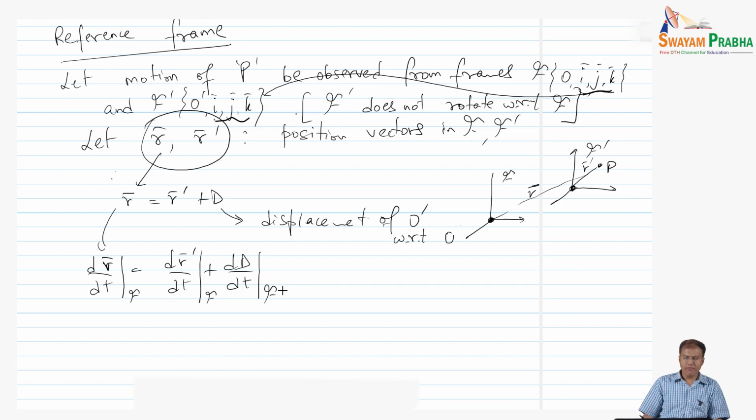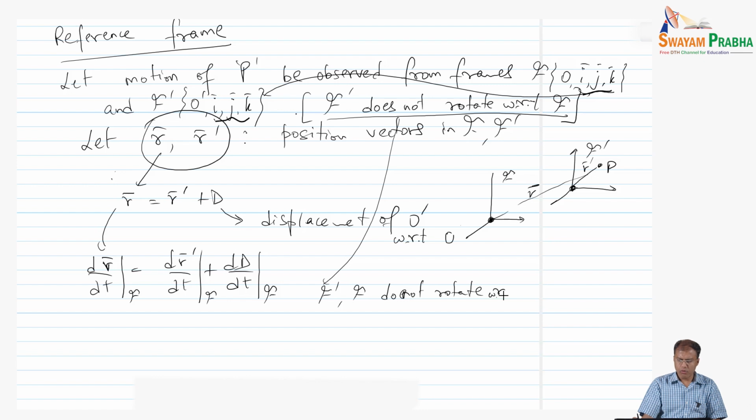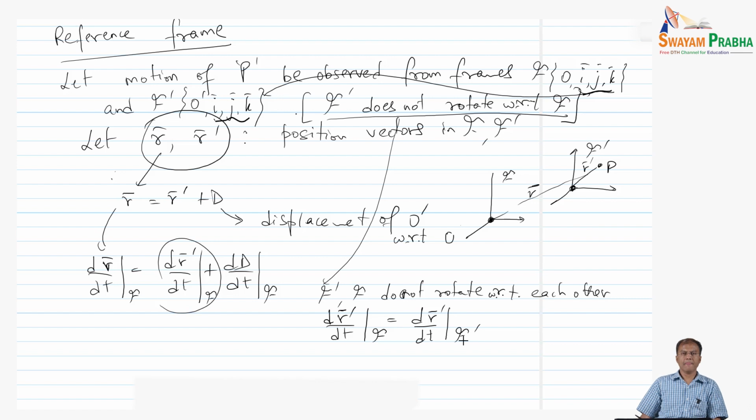Now comes the crucial fact that these two frames are not rotating with respect to each other, right? So if F prime and F do not rotate with respect to each other, then I can have that this speed dR/dt in F is dR prime/dt in F prime, right?